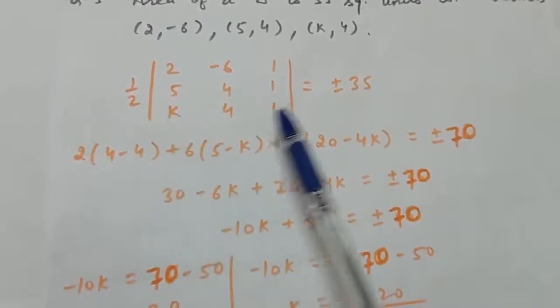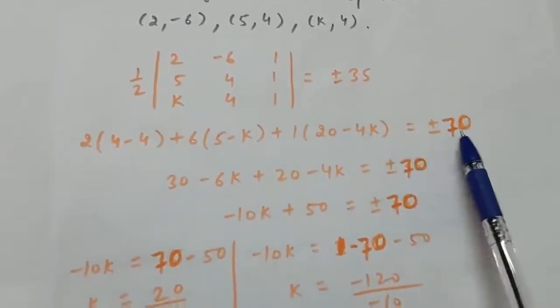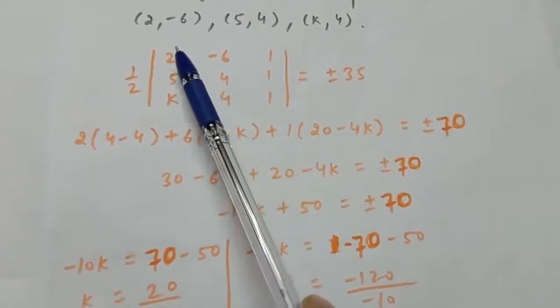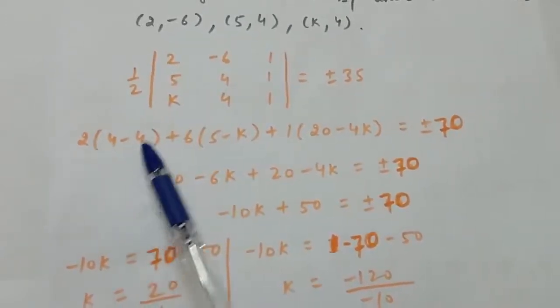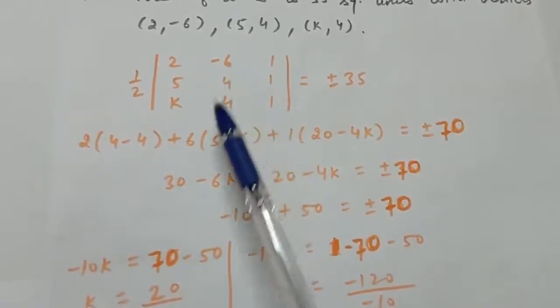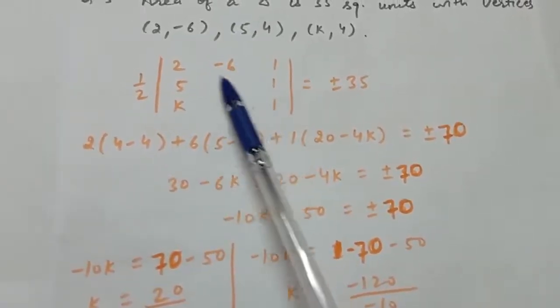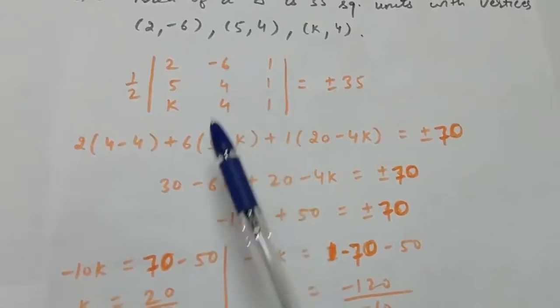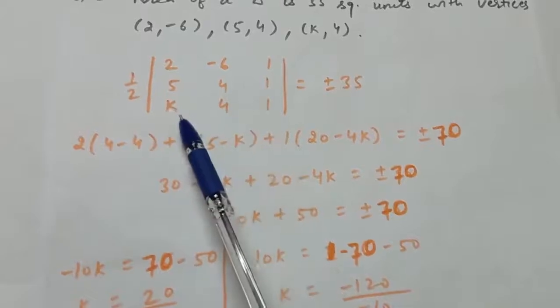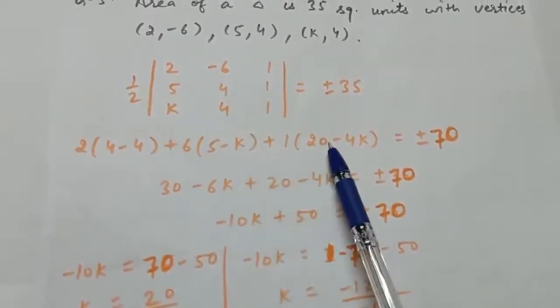Take this 2 this side, so it will become plus minus 70. And now solve this determinant along first row. So 2 into 4 minus 4, then this is minus 6, but it will get multiplied with minus 1. So it will be plus 6 into 5 minus k plus 1 inside the bracket.